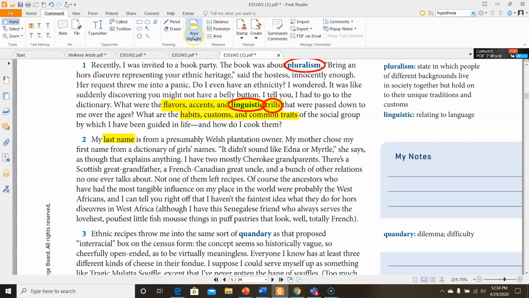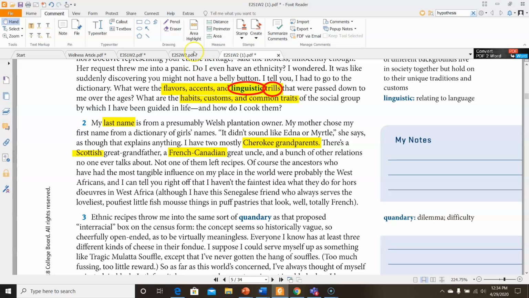Then she says that as far as her ethnic background, she has Cherokee grandparents, she has a Scottish side, she has French Canadian, so she's talking about all the countries that make up her ethnic background, but none of them left recipes for her to use. And then she says the one that had the most tangible influence on her place in the world were West Africans.